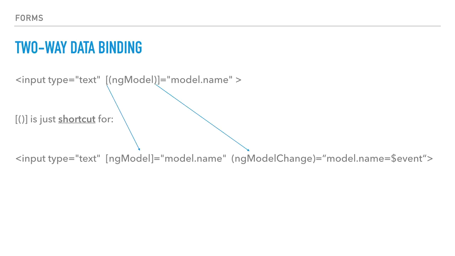So we can see that the real implementation should be, first we have the binding of model.name to the ngModel, and then we have the event ngModelChange, and when this happens we take the event, this is what holds the value, and we put the event value in the model.name. So this is the real implementation, and the combination of these two makes the ngModel with the banana in the box syntax.